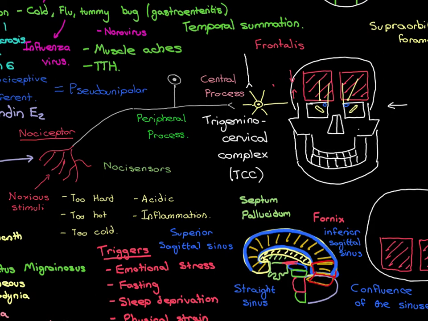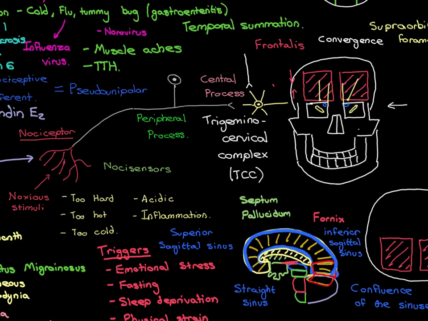So this is the concept of convergence, that we have convergence of multiple primary nociceptive afferents onto the same second-order neuron. So there are far fewer second-order neurons in the trigeminocervical complex than there are primary nociceptive afferents sending their central process into the trigeminocervical complex.